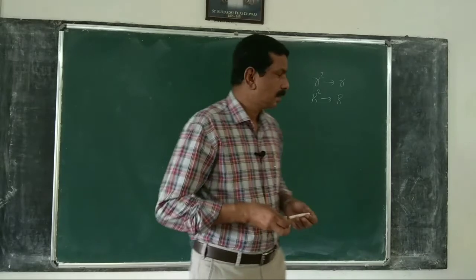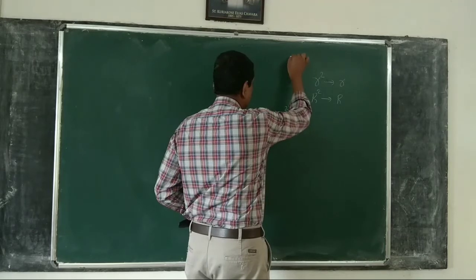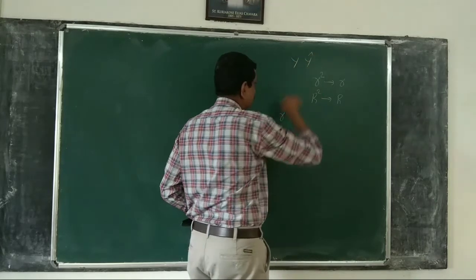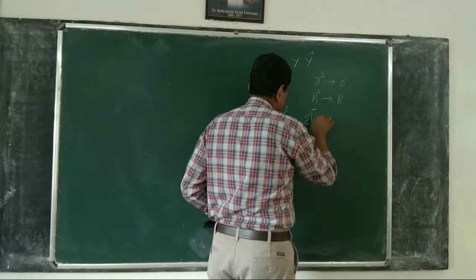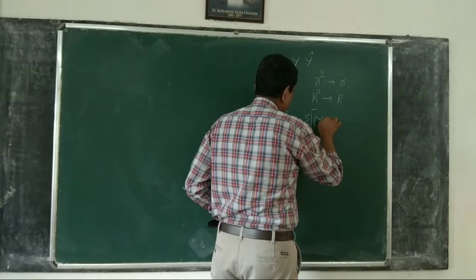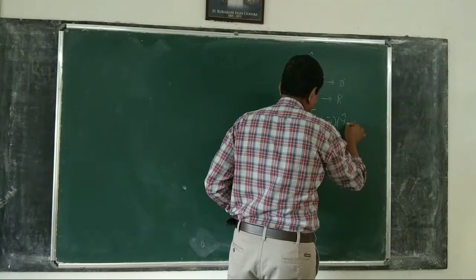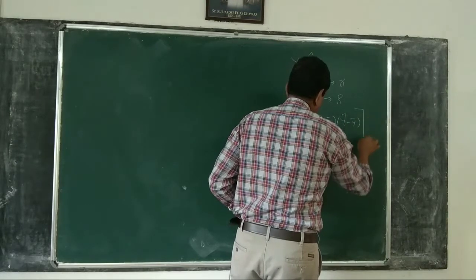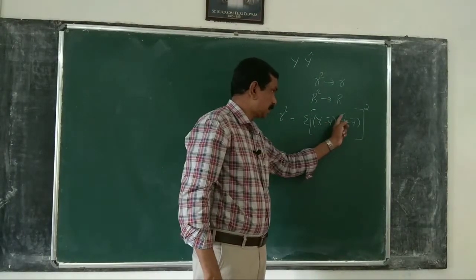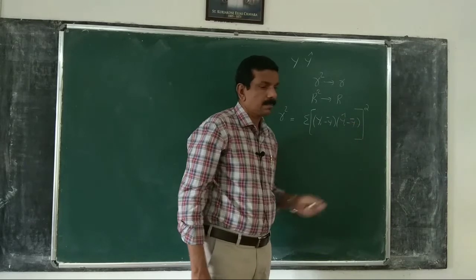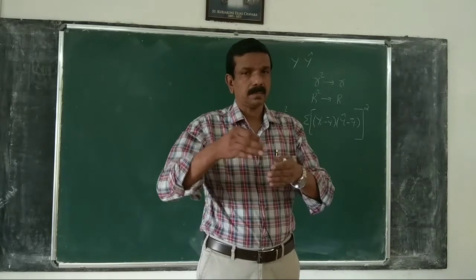Let r square between actual y and estimated y be sigma of (yi minus y bar)(y hat minus y bar), the whole square. Here it is y hat bar, but we have proved earlier that y hat bar is equal to y bar.